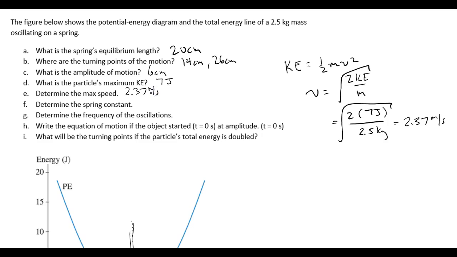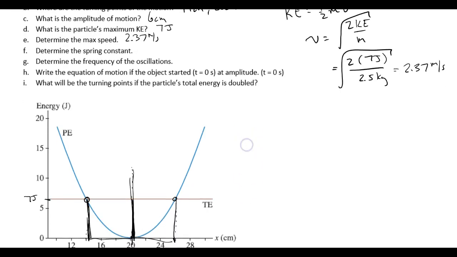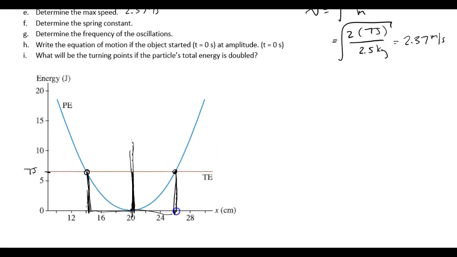Determine the spring constant. All right, well, here's the thing. We know it's a mass spring system, and so when we get to this spot here, we have no kinetic energy. The total energy exactly equals the potential energy. We know potential energy for a mass spring system when there's no kinetic is 1/2 k A squared. So I know that the potential energy is 7 joules.